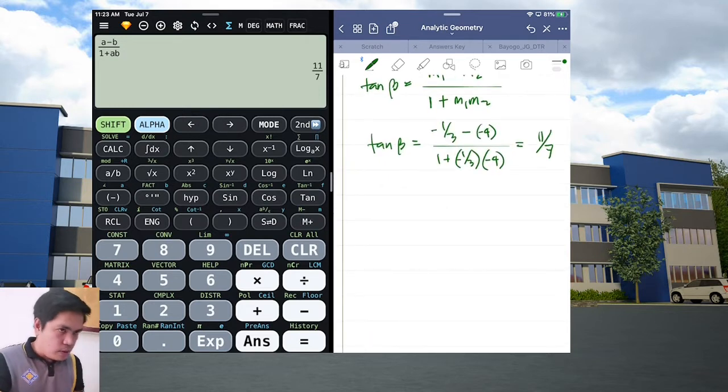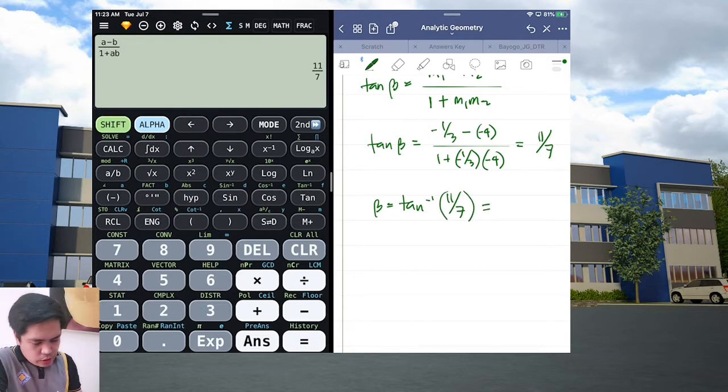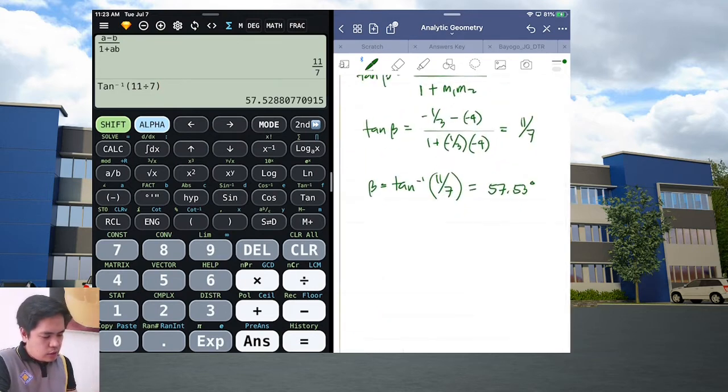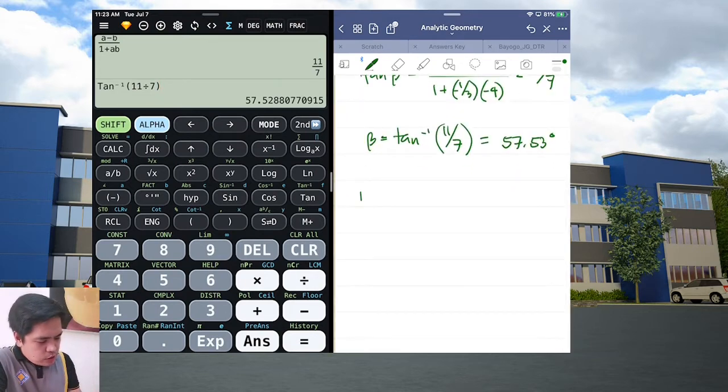So tangent beta, or beta, is equal to the arctangent of 11 over 7. So the arctangent of 11 over 7 is 57.53 degrees. So let's proceed to the next angle.